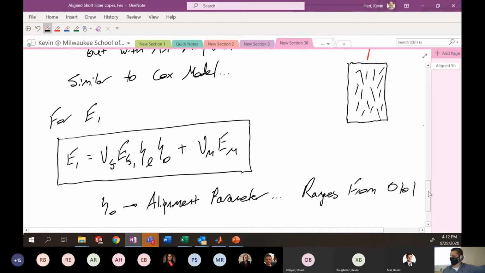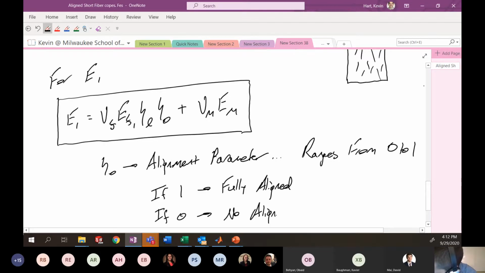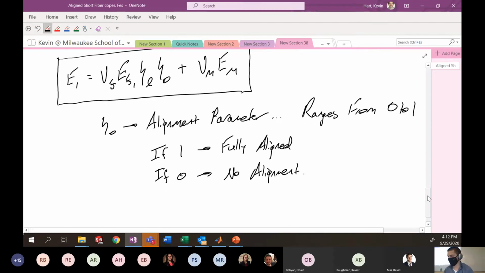That would make it fully aligned. And if 0, no alignment. So if we're fully aligned, this is just the Cox model. Obviously, frankly.